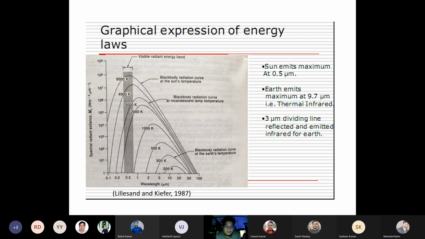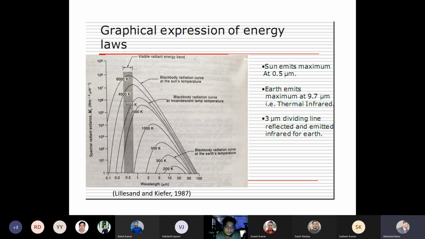So by selecting the first formula where we define M is equal to sigma T to the power 4, we select the temperature. In case of the sun, the surface temperature is 6000 degrees Kelvin. If you consider the first plot, where we have the highest peak, that is for the sun at 6000 degrees Kelvin, just see how it varies with respect to wavelength.